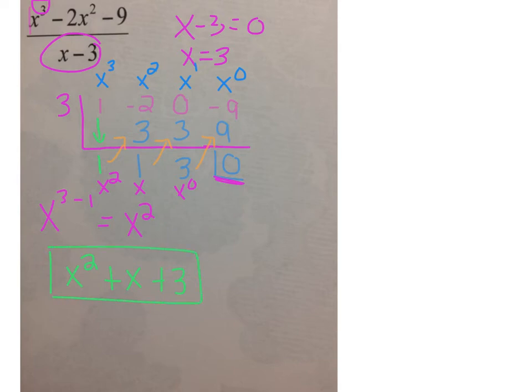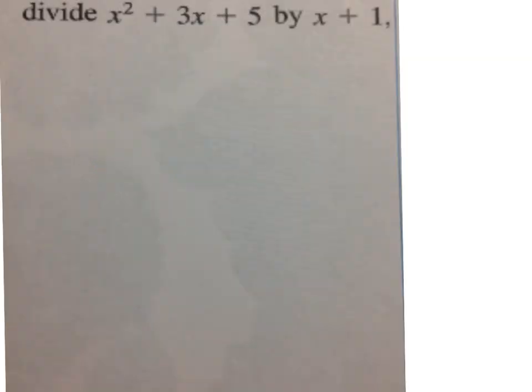So, was this a little easier than long division? So we're moving on to our next example. We're using synthetic division again. The first thing is we want to find our 0. So we're going to have x plus 1 equal to 0 and solve for x. So we have to subtract 1 from both sides, so we know that our x is going to be negative 1.